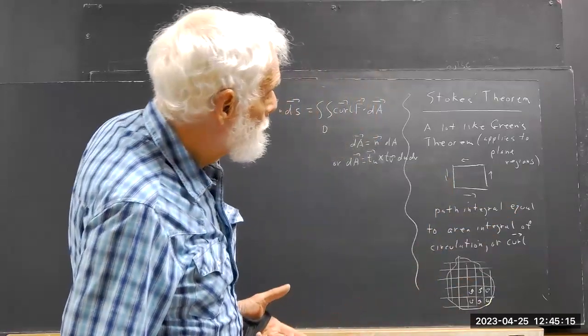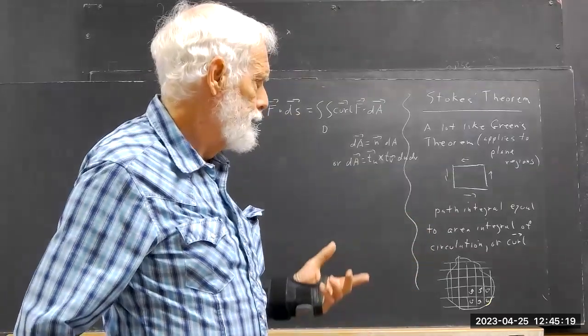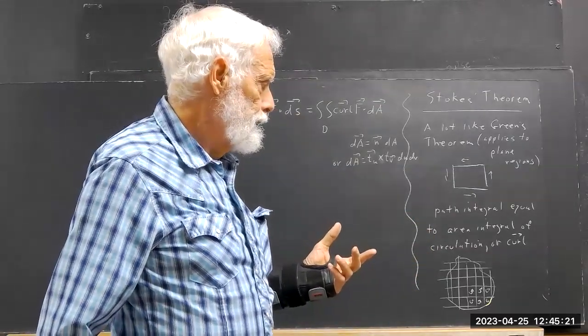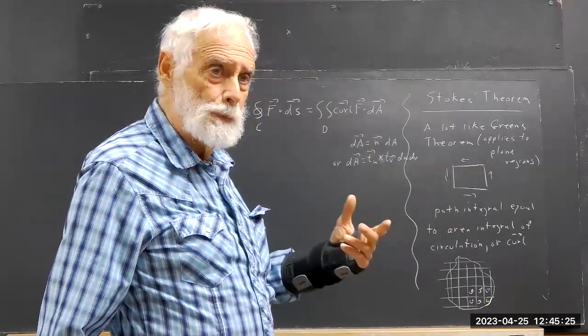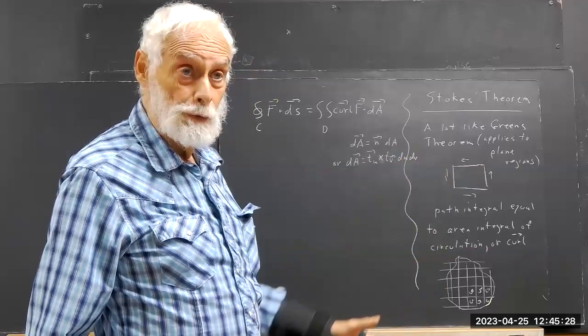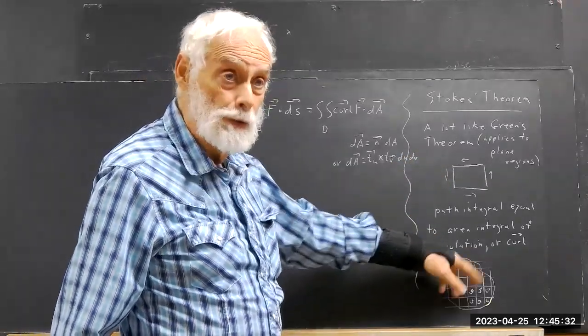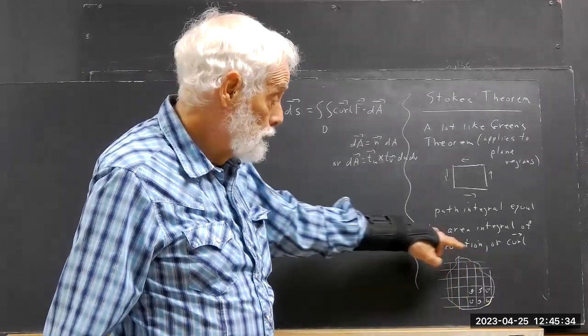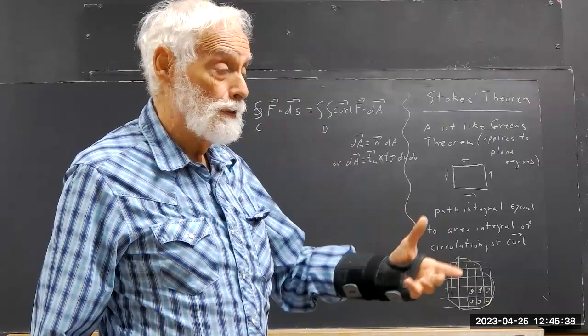Sometimes, and I think you experienced this with Green's theorem, it's either difficult or impossible to do one of those two integrals. It might be impossible to do the integral around the interior, but you can do the integral around the boundary, so you know what the integral around the interior is without actually having to calculate it.